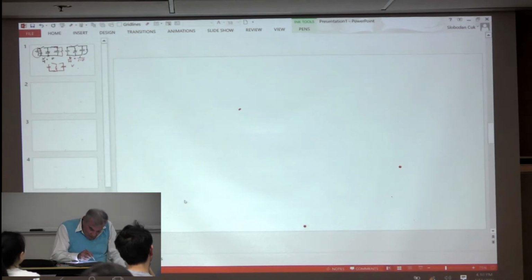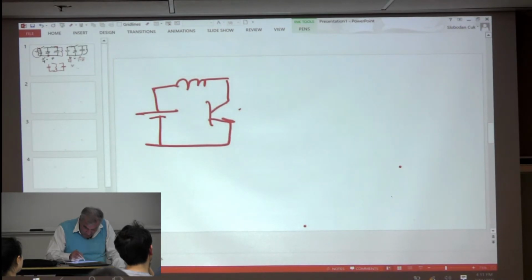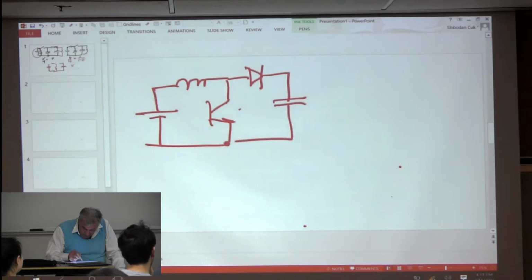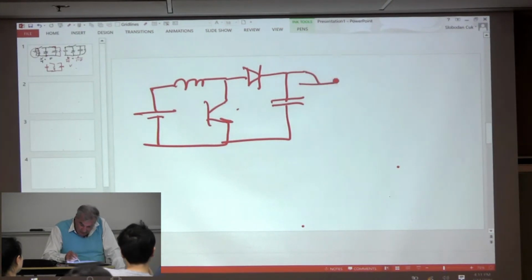Okay, let's do just what we said. Let's put now the boost converter first, and then the output of this we feed into the buck.